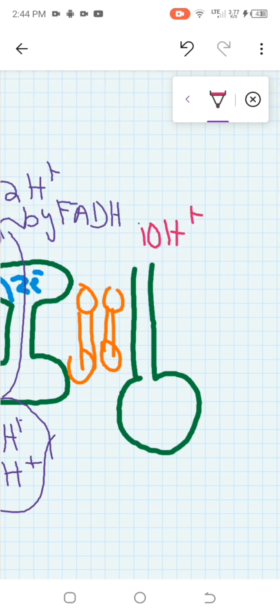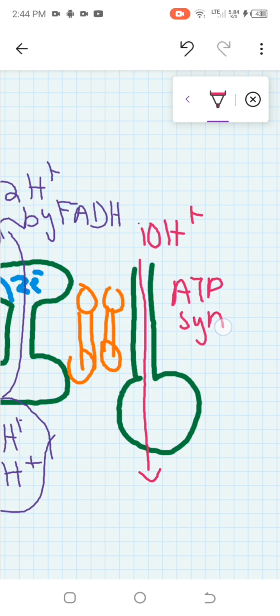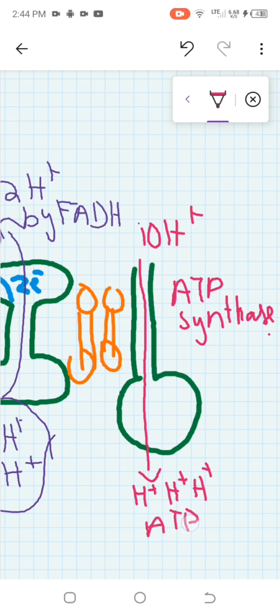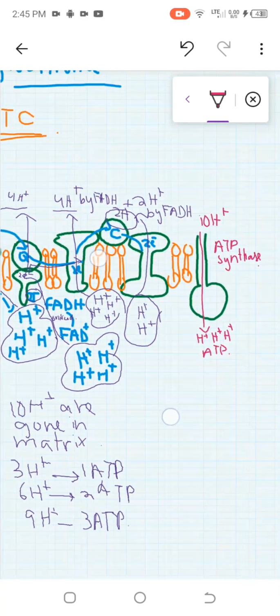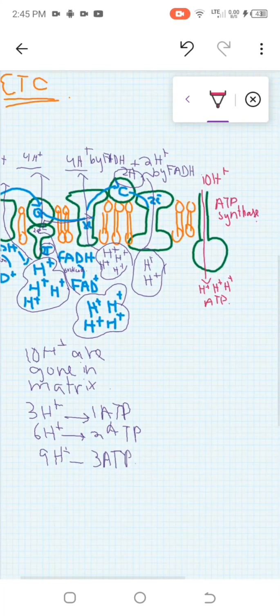So the first 3 will go through the ATP synthase and form ATP, then again 3, then again 3. So 9 H positive ions are used here with the help of NADH.